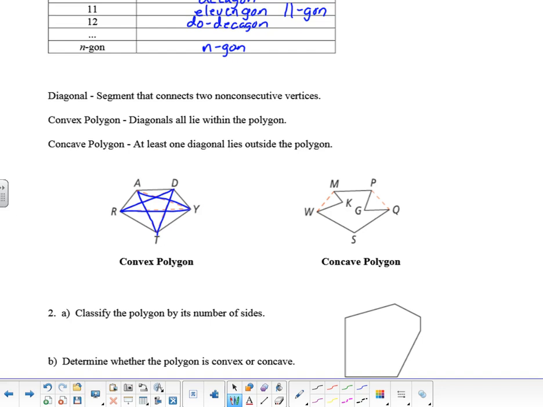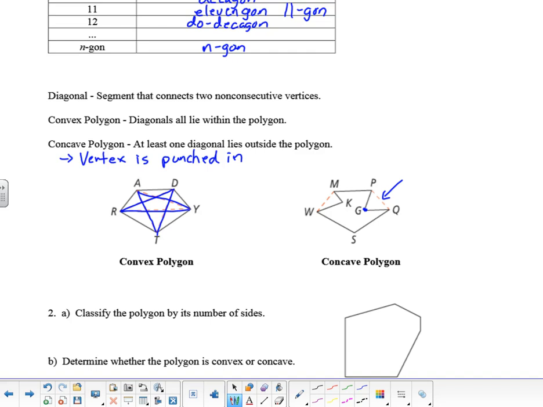And a concave polygon, sometimes with concave, what people think is a vertex is punched in. So that can help people understand concave. If you look at point G over here, that vertex, it almost looks like somebody punched it in, and that caved in, so concave, where it goes inside.